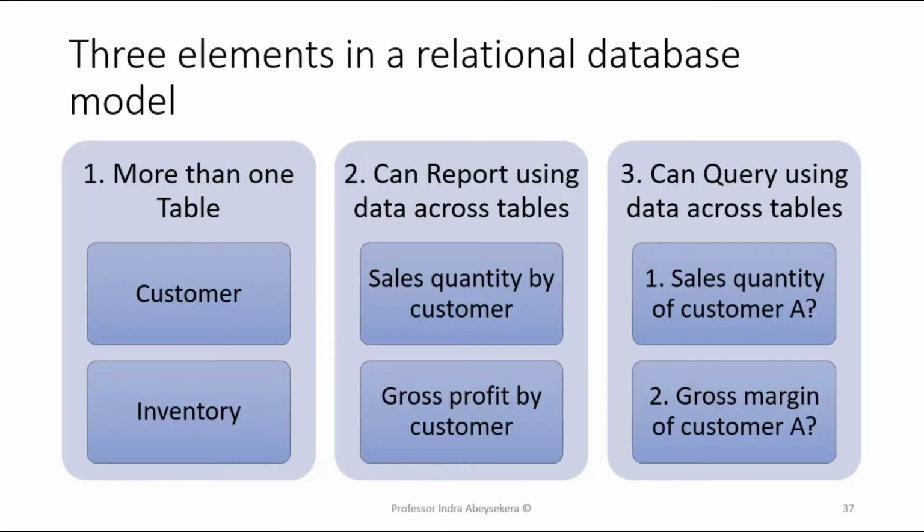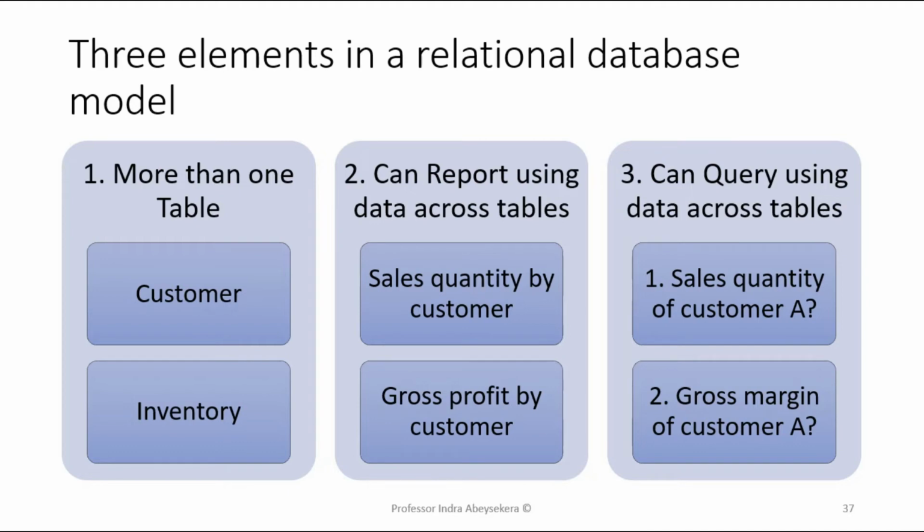Three elements in a relational database model: there's more than one table in a relational database model. It could be one master data file for customers, another master data file for inventory.